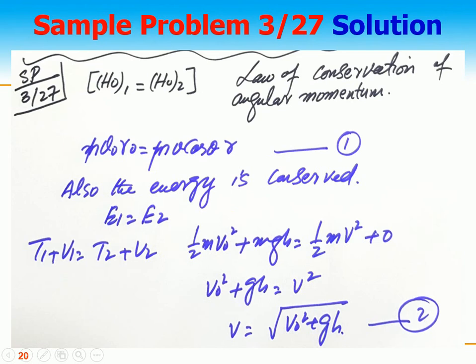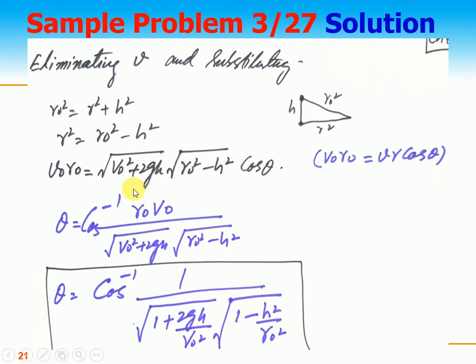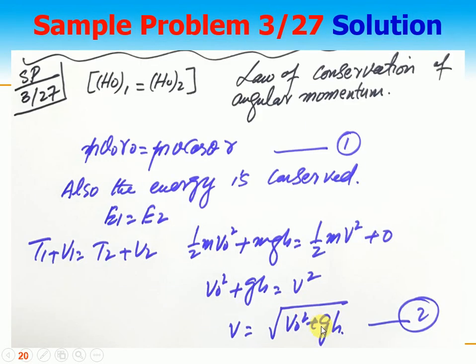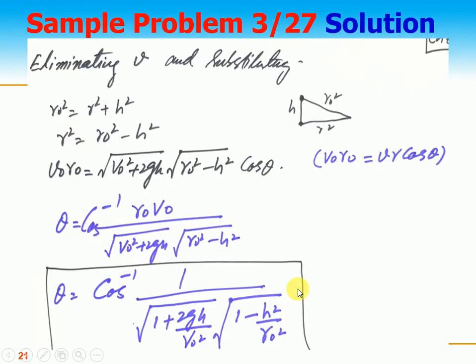So we have v naught r naught equals v cos theta times r. Put these values in equation number 1. So v is the square root of v naught square plus 2gh. I'm sorry, I missed the 2 here, please put the 2 because it is multiplied with this.